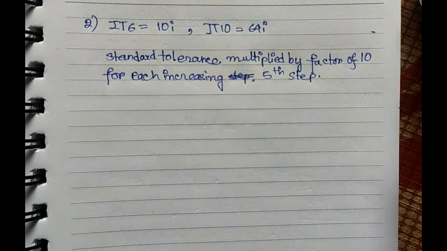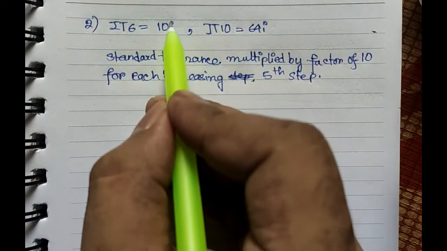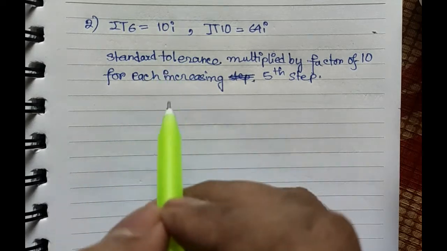So for each fifth step, this factor i is being multiplied by 10.